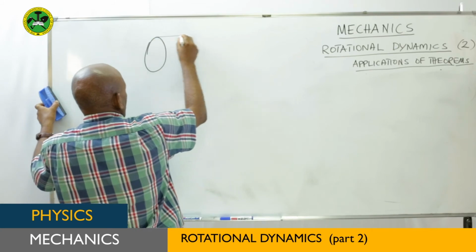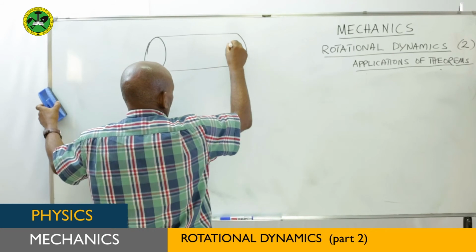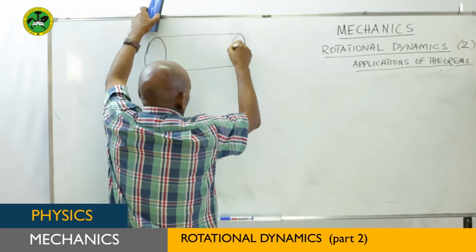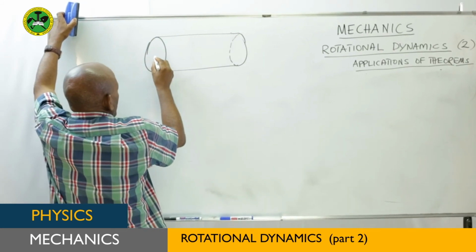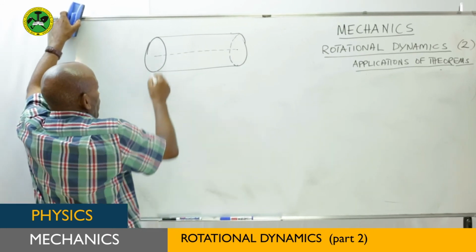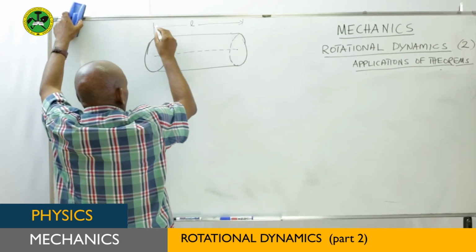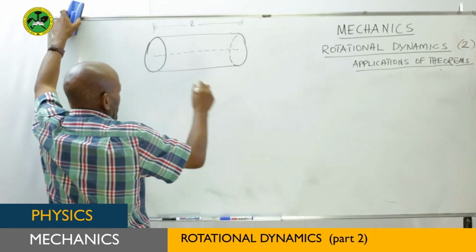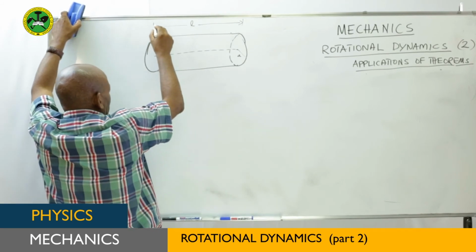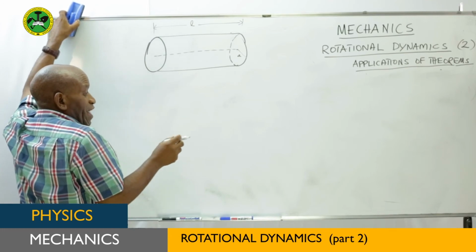We have a solid cylinder like that. The central axis of the cylinder is the one passing through the center. We are given that this cylinder has length L, mass M, and radius equal to A. Our axis passes through its diameter at one end.